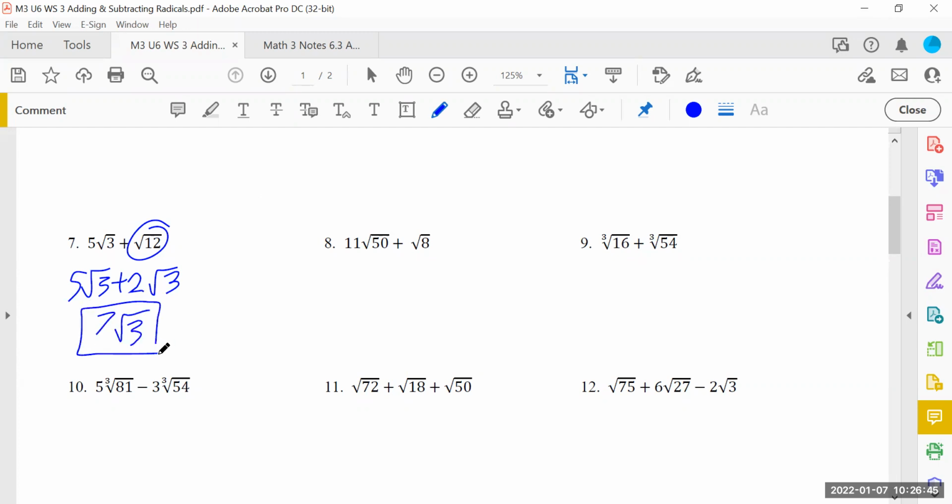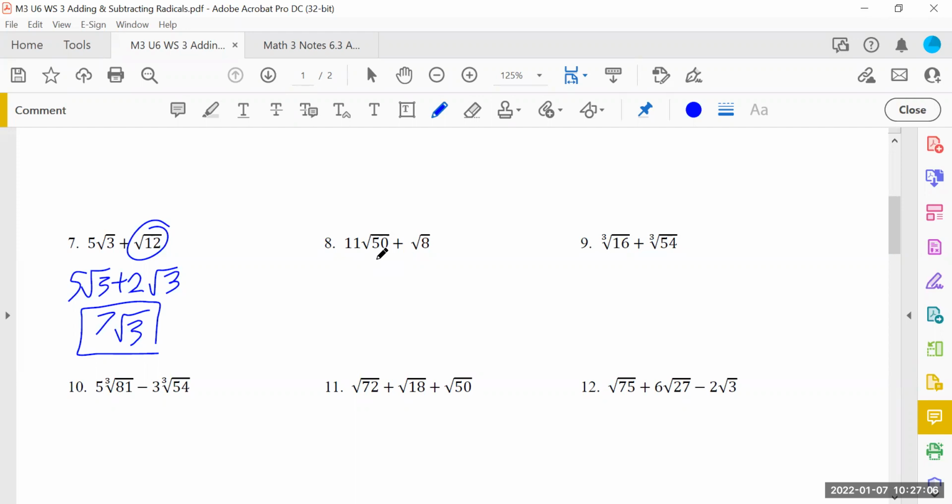There we go. Number 8. We have a couple things that need to be reduced here. Jocelyn, do you want to take one of those two and talk us through how we would reduce the square root? Sure.